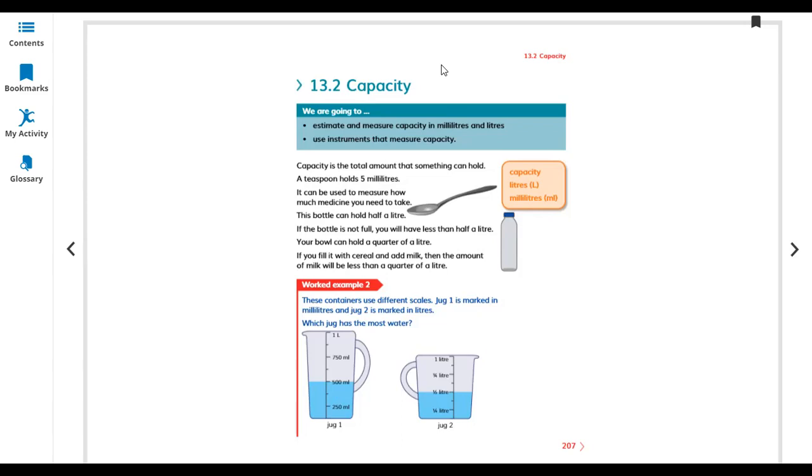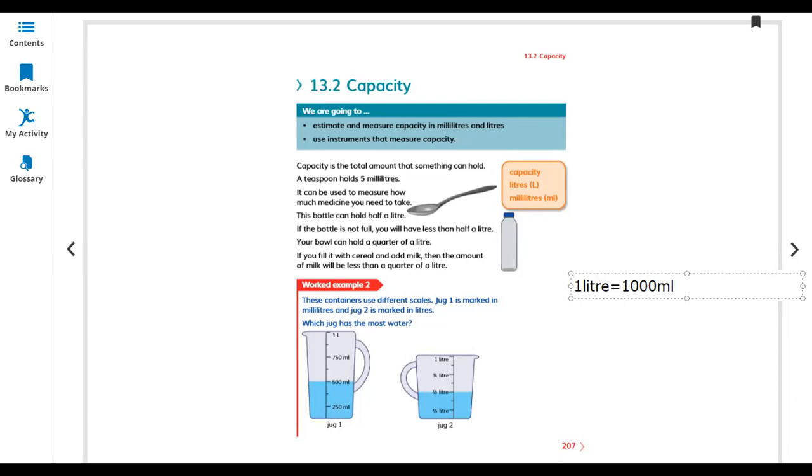This should be in your mind. 1 liter equals 1000 milliliters.